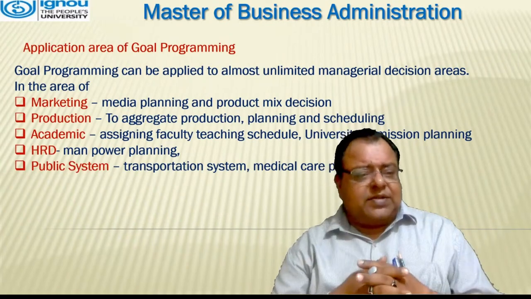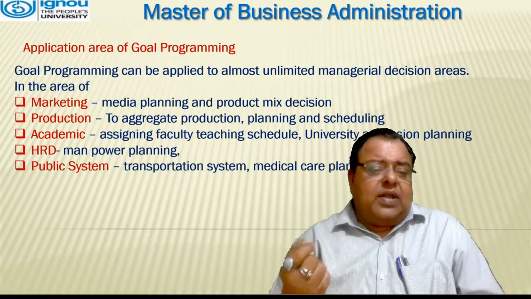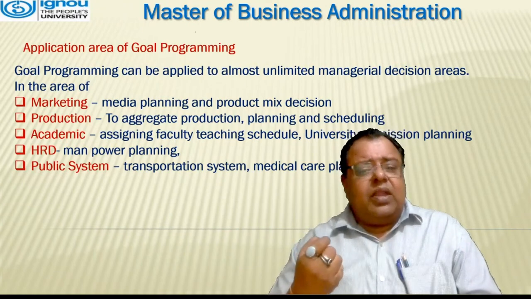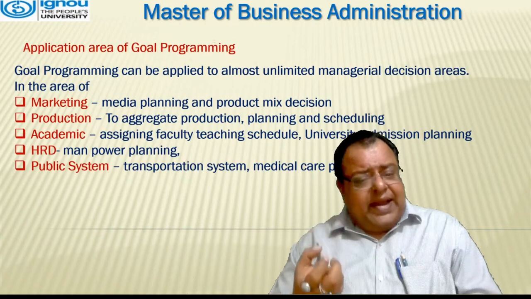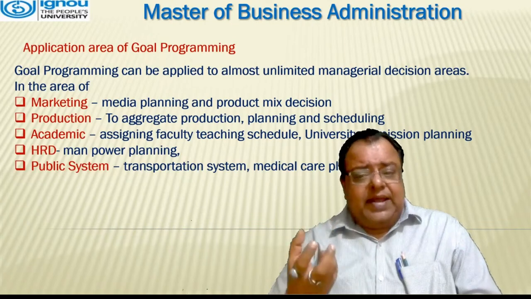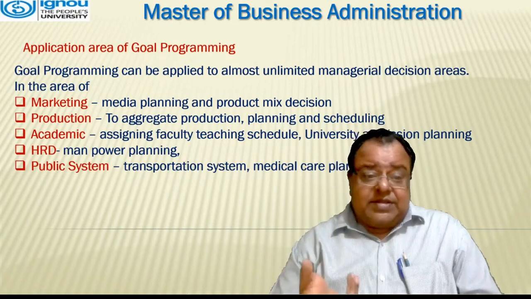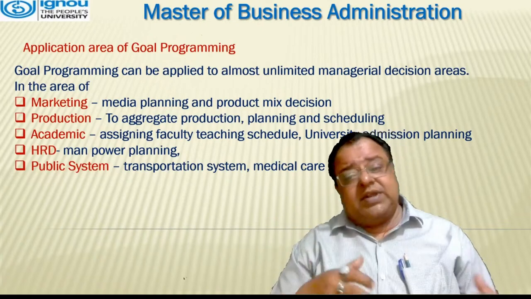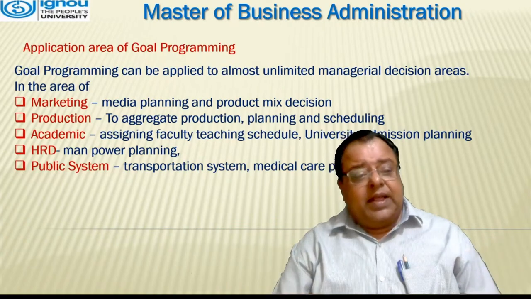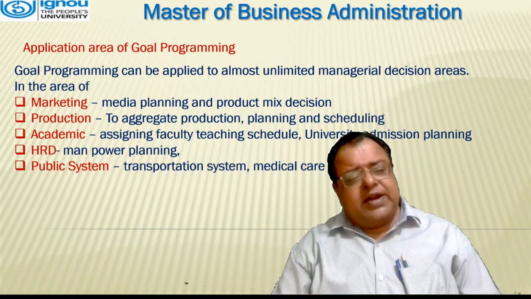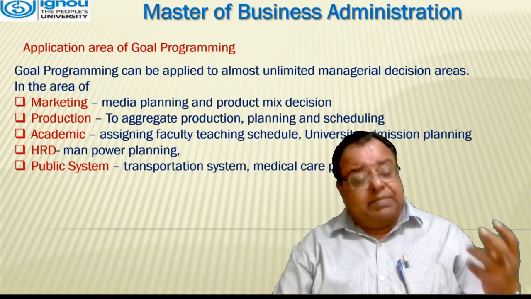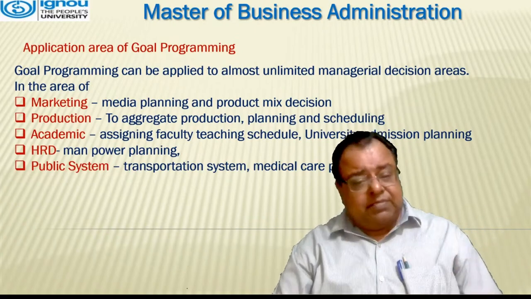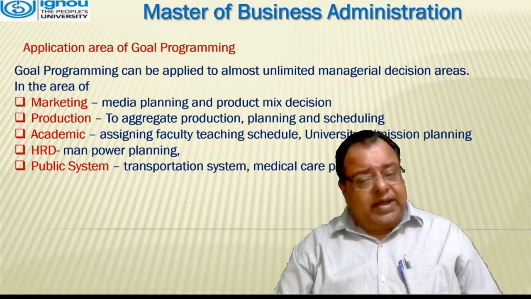Some common areas are marketing, media planning, and product mix decisions; production, aggregate production planning, and scheduling; academics, assigning faculty, teaching schedules, and university admission planning; in HRD, manpower planning; and in public systems, transportation systems and medical care planning.